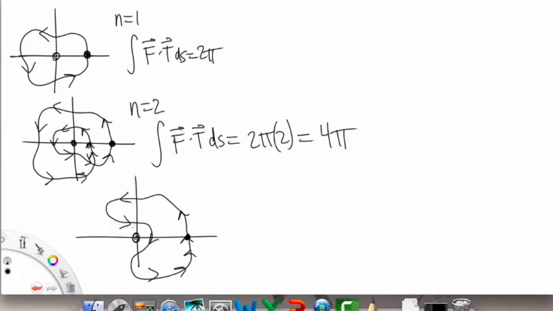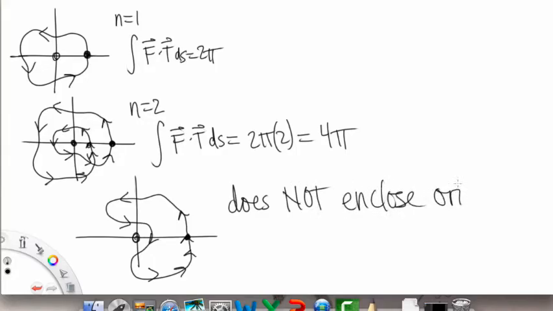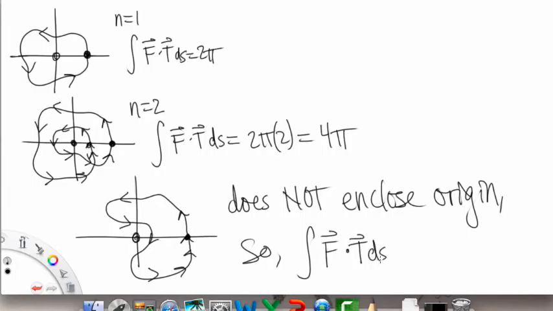This curve does not enclose the origin. So in this case, because the origin's not even involved, the vector line integral of the vortex vector field around this closed curve is just going to equal 0, like normal, because the origin's not involved.